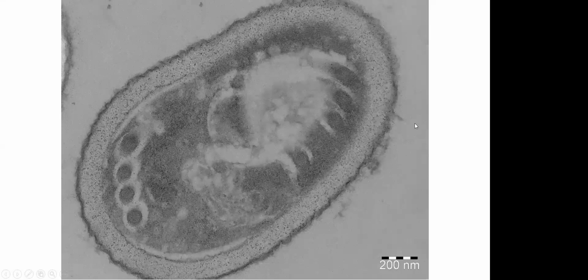And at higher power, the internal structure, which suggests which species this is, in terms of the number of turns or gyres of the polar filament and the single row.